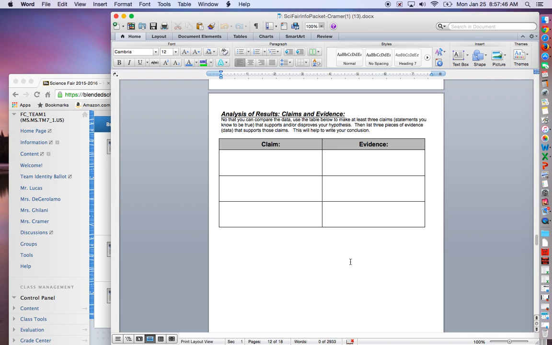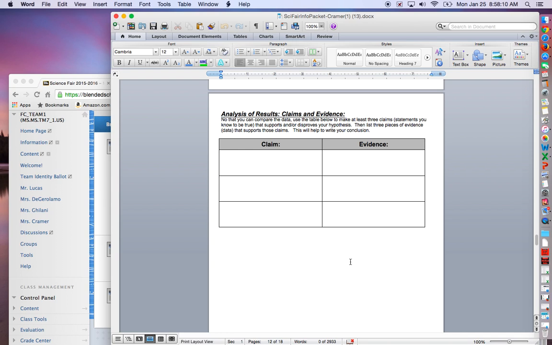So for my in-class example about bakery bread versus store-bought bread, I had hypothesized that the store-bought bread would not form mold after 2 weeks, and the bakery bread would. So a claim I might make after my experiment could be bakery bread does not contain preservatives.